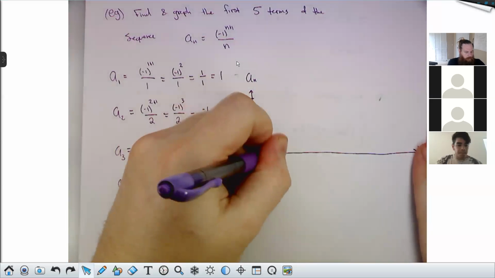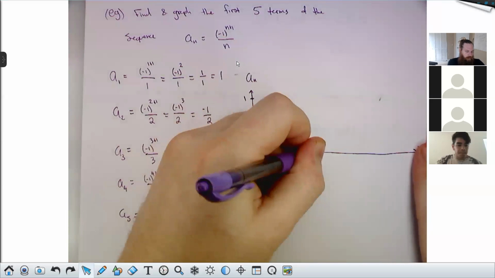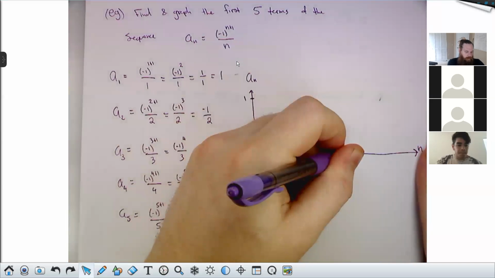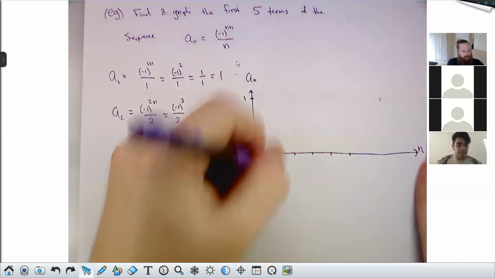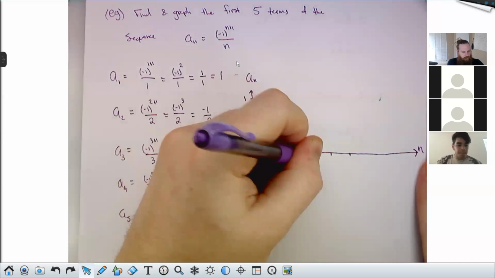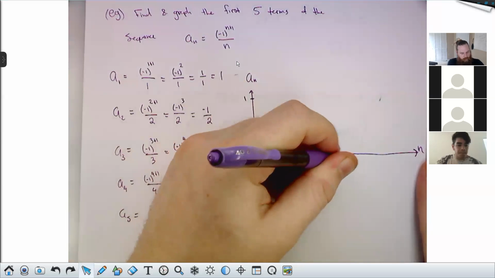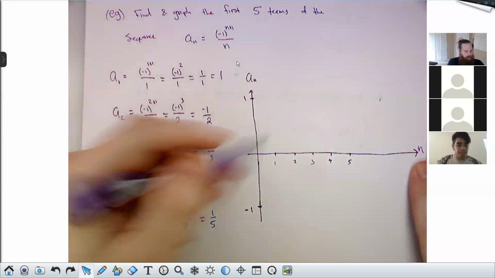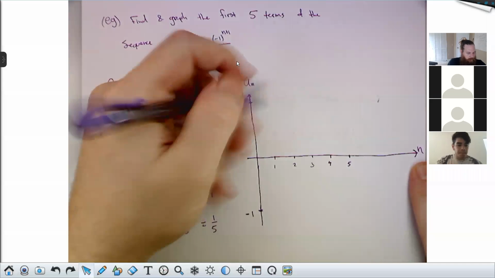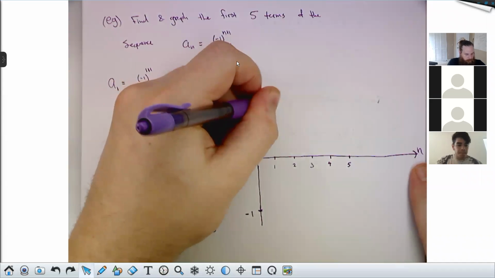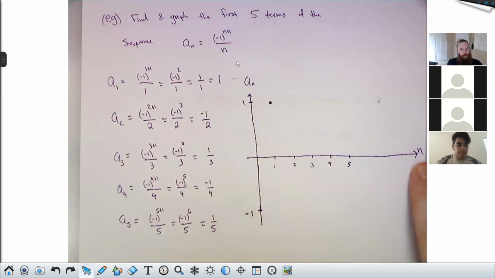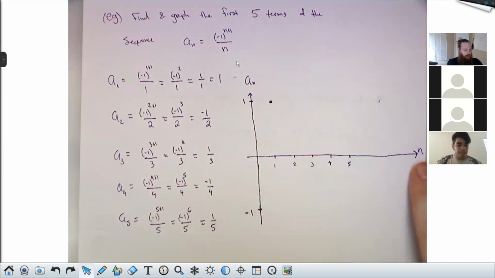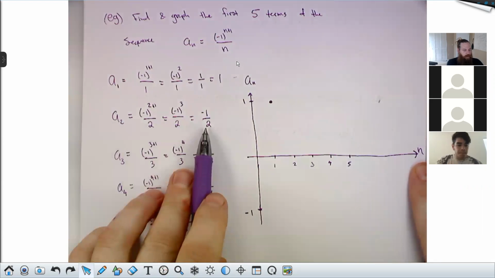I'll mark off 1, 2, 3, 4, 5 along my n-axis. A1, the output when I fed the input 1, was 1, so I have a dot up here. The point 1, 1.